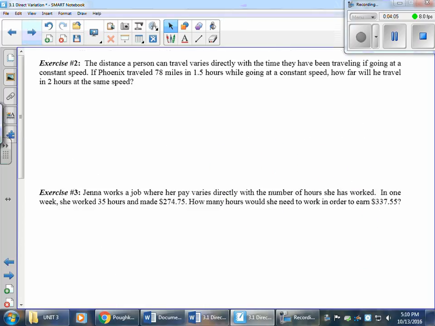exercise 2. The distance a person can travel varies directly with the time they have been traveling if going at a constant speed. If Phoenix traveled 78 miles in 1.5 hours while going at a constant speed, how far will he travel in 2 hours at the same speed?